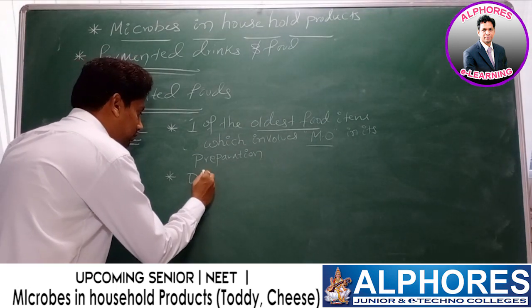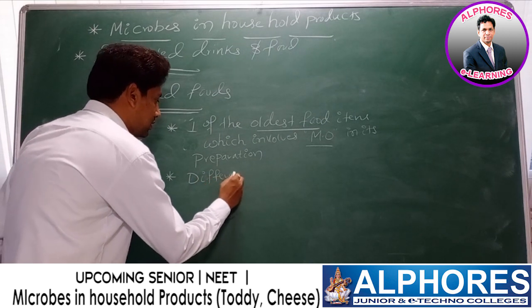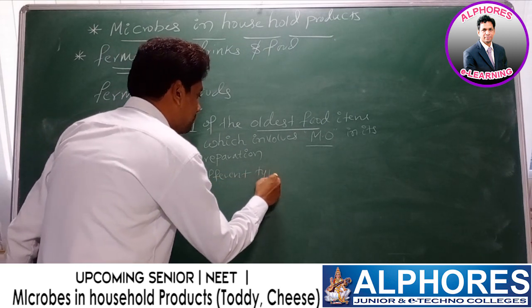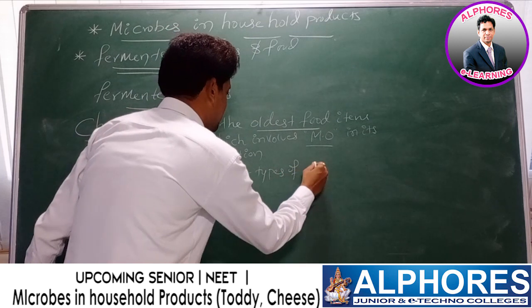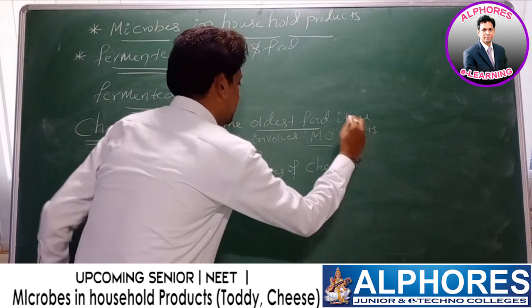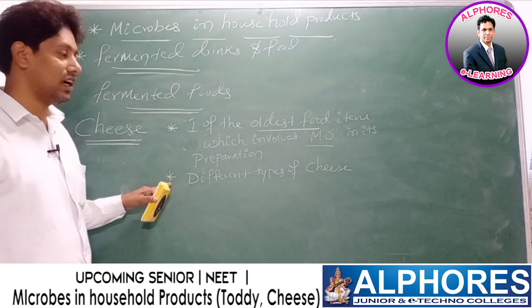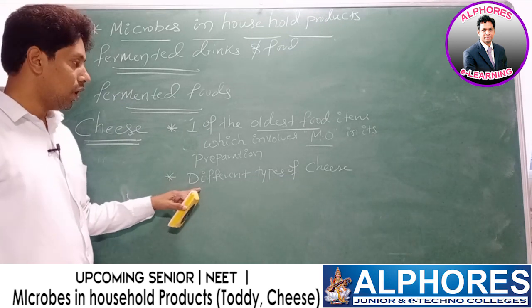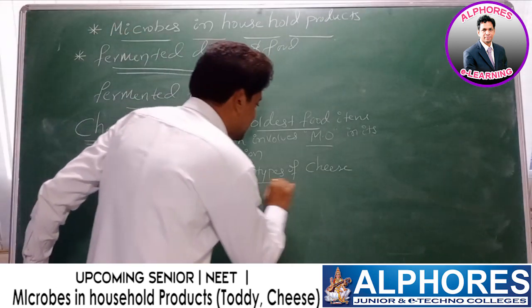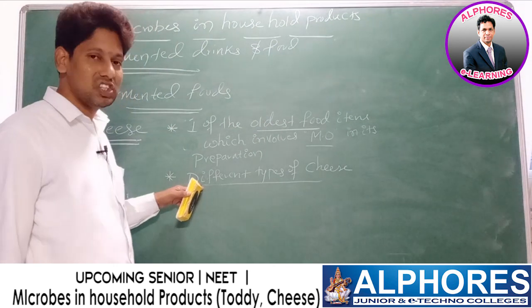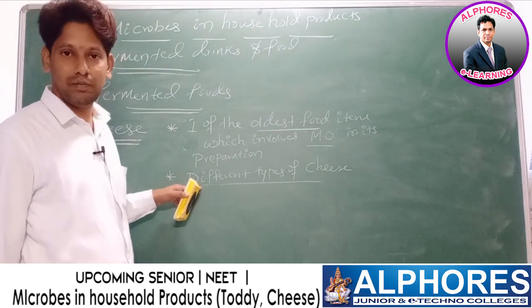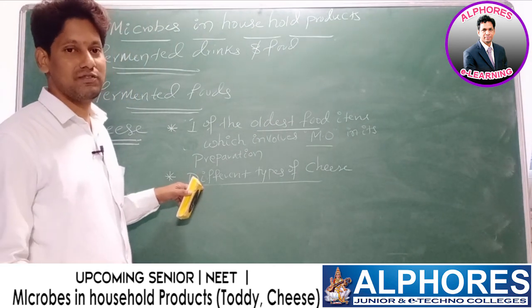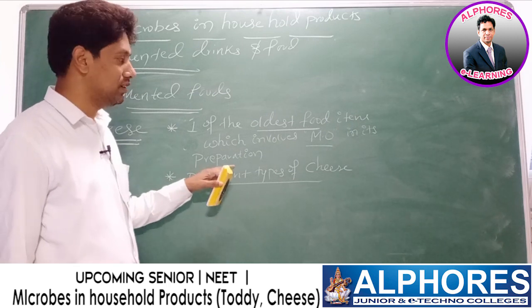Different types of cheese are available. Sir, how do we say that different types of cheese are available? Because all cheese do not have the same taste, the same flavor, or the same texture.